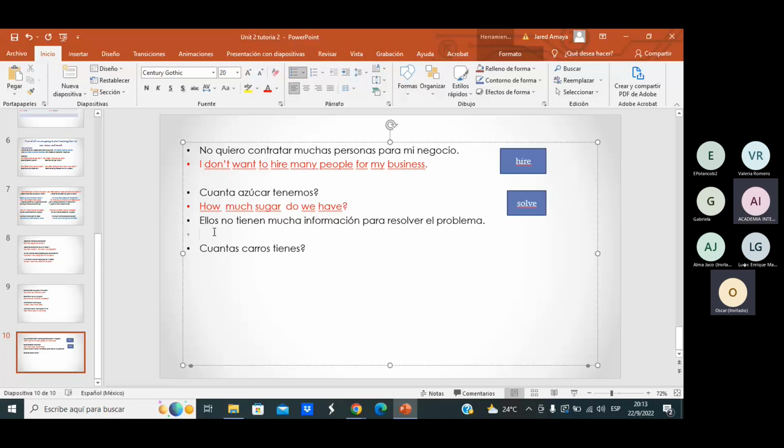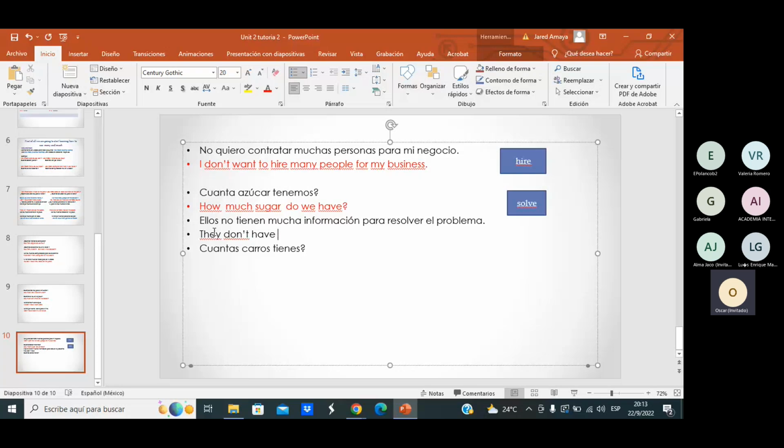They don't have information. Information, or what do you think? Are you sure that it isn't missing one word there? No falta ahí una palabrita.